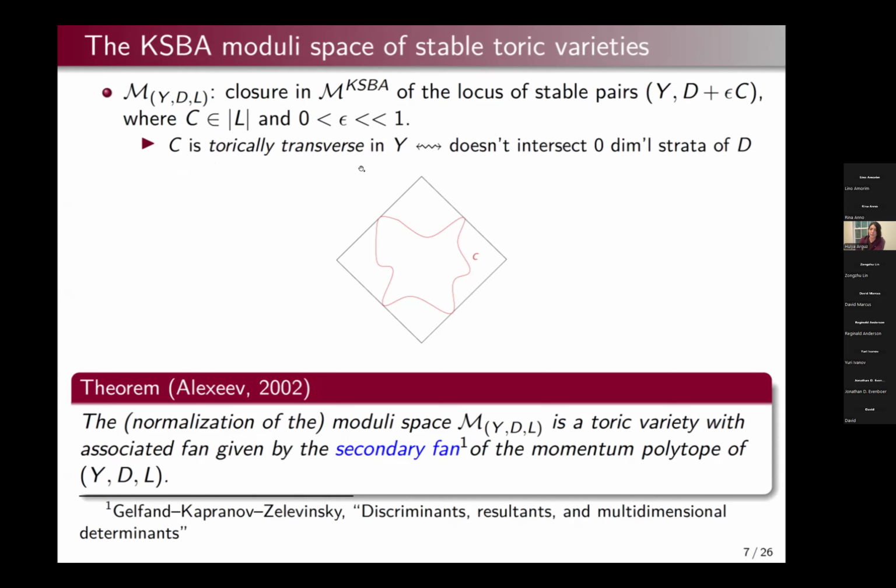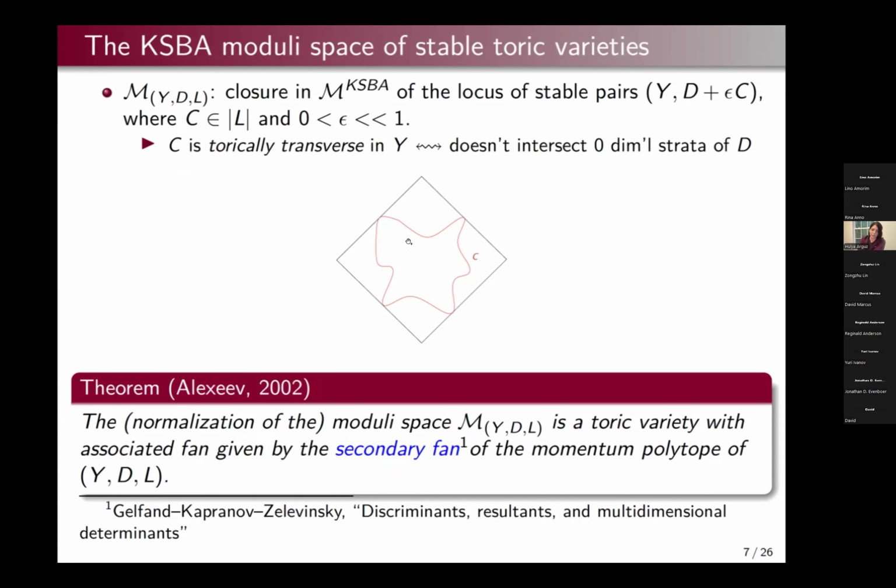in Y. So if you look at the toric variety whose polytope is the singular del Pezzo, this will be the moduli space of all curves C which do not intersect the zero-dimensional strata of the toric boundary divisor. Such curves are typically called torically transverse.